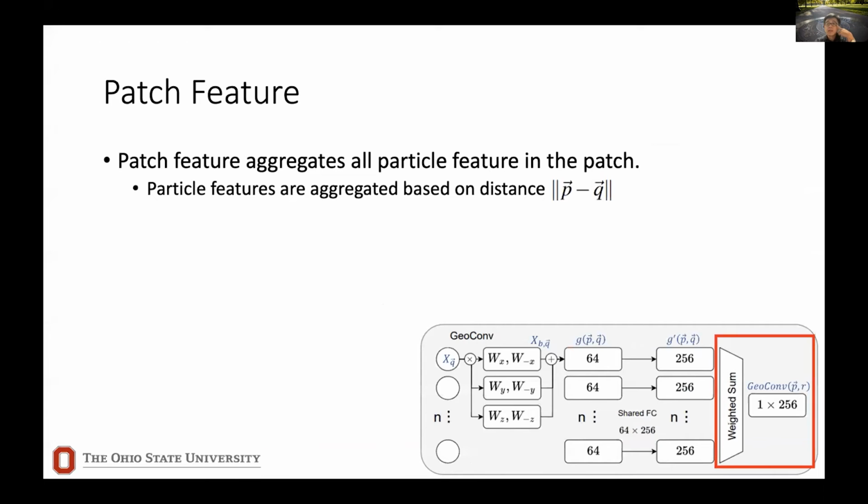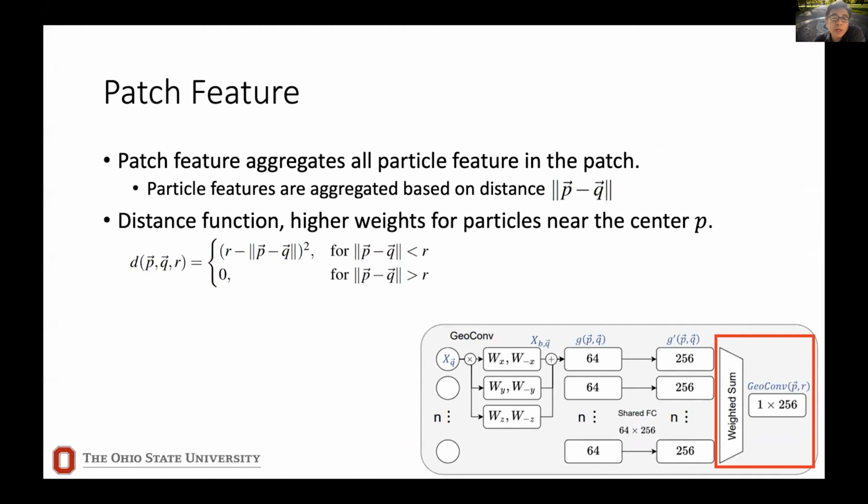Now I'm going to try to combine them. So how do I combine? For a given center particle, I have n minus 1 neighbors. The way I combine is based on distance. If they are closer to the center particle, I give more weight. If they are far away, I give less weight. So I calculate the weight based on distance.